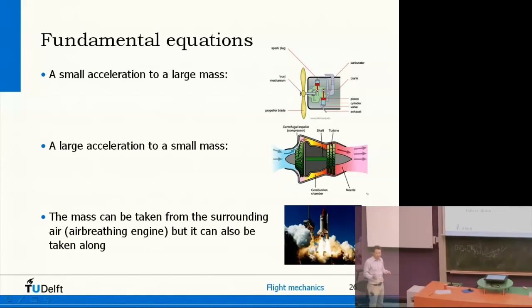So a jet engine gives a very large acceleration to the air, and the air then is a small mass. And finally, not really the topic of this lecture, but you could also take the mass with you in a rocket, and then you can also create a force.